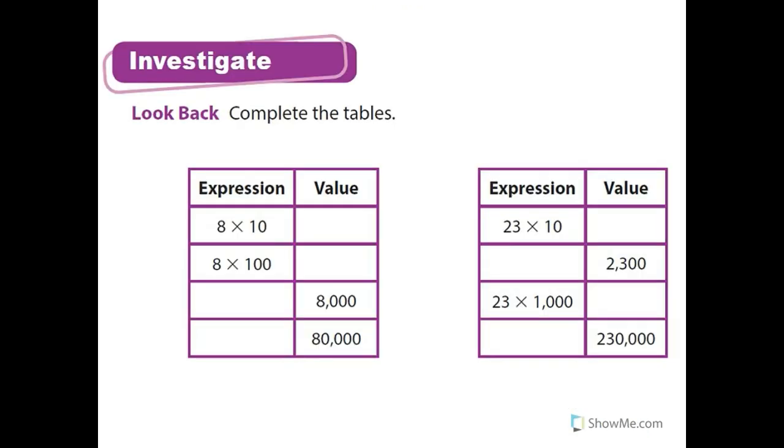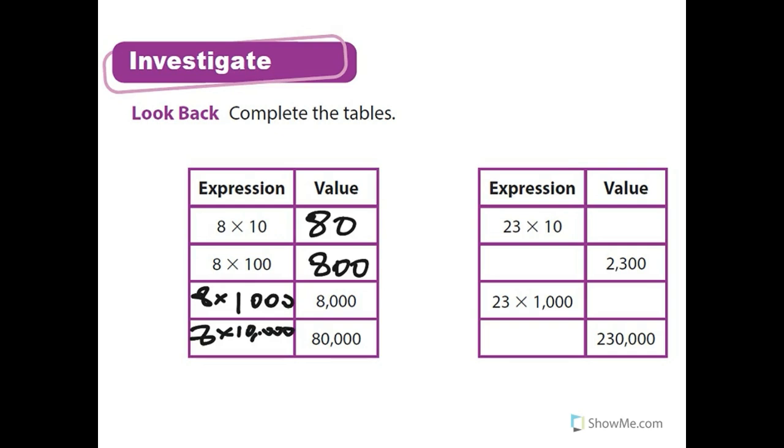All right, so let's look back and complete the tables. Well, 8 times 10, we've got 80. Ready? 8 times 100 is 800. Will we be multiplying 8 by to get 1,000? Yes, 1,000. Here are my 8s again. And then 8 times 10,000.